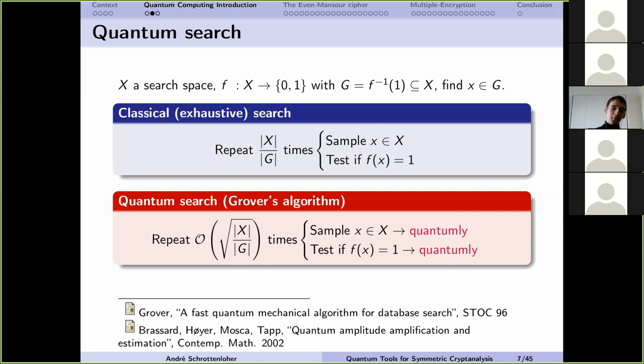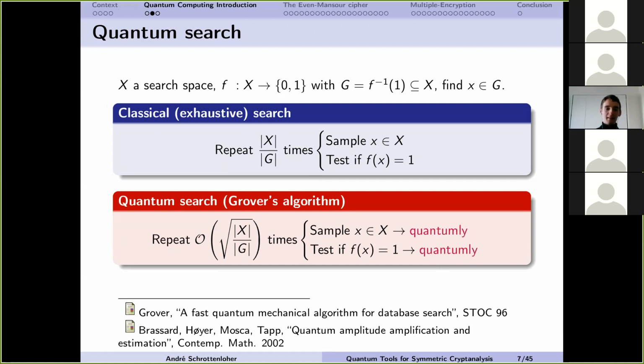Now, if we only have this search space, the ability to sample an element from it and the ability to tell if an element is good, then in the classical setting, we're basically stuck repeating, all the time, sampling an element and testing it. And we have to repeat this basically the number of elements over the number of good elements times, because this depends on the probability of sampling a good element, right?